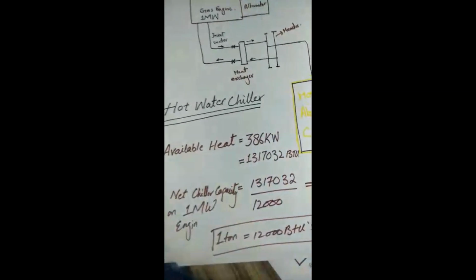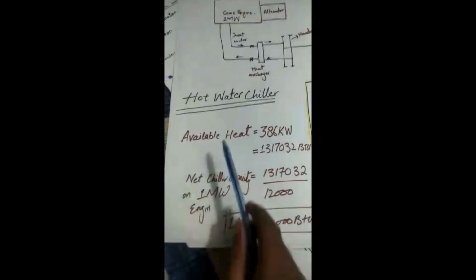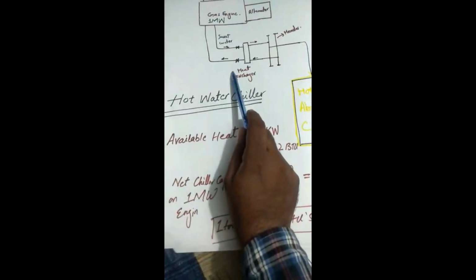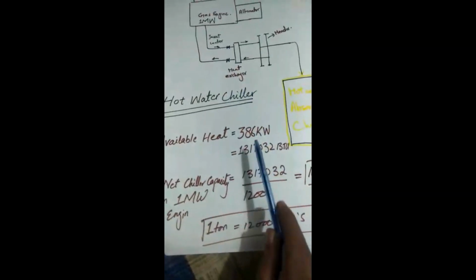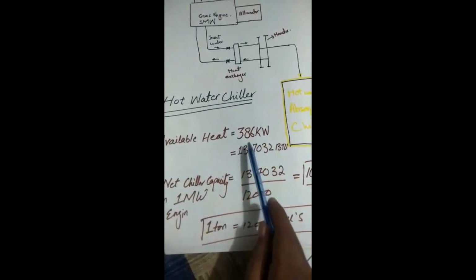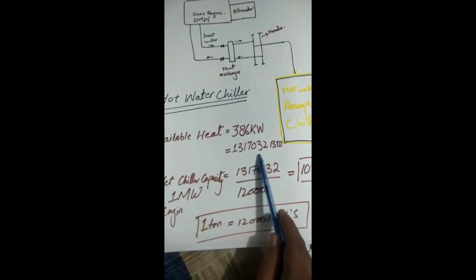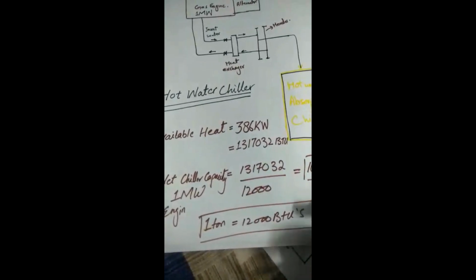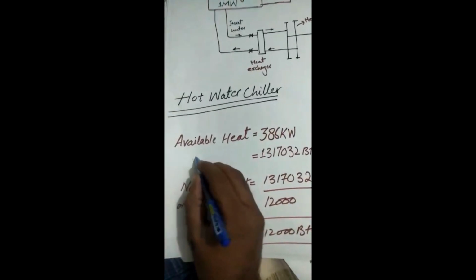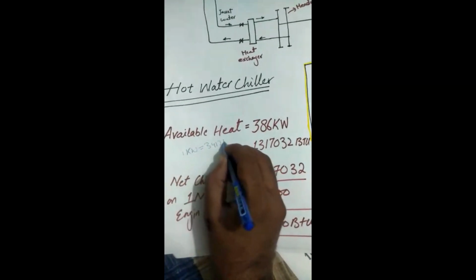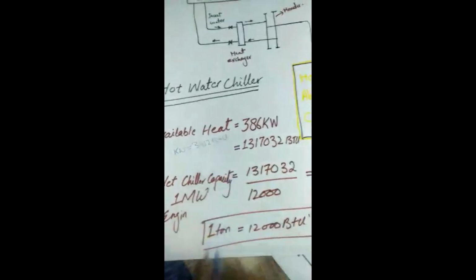So the available heat in the jacket water of the gas engine is 386 kilowatts. Converting this 386 kilowatts into 131,032 BTU, because 1 kilowatt is equal to 3412 BTU.